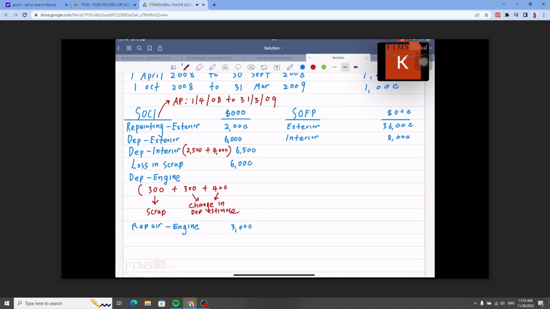Then of course, we also have the engine in your balance sheet. Okay, so engine, again, there's a bracket. The first one is 5,600, and 5,600 comes from the change in depreciation estimate.